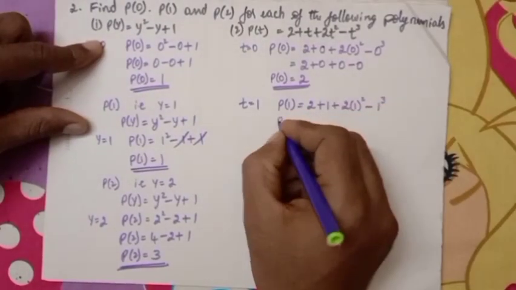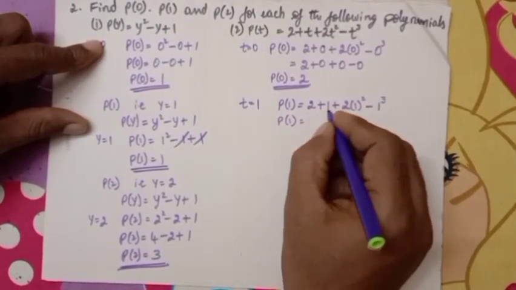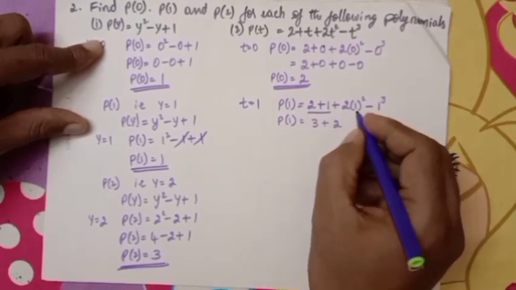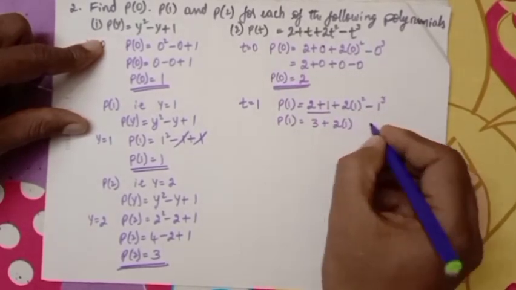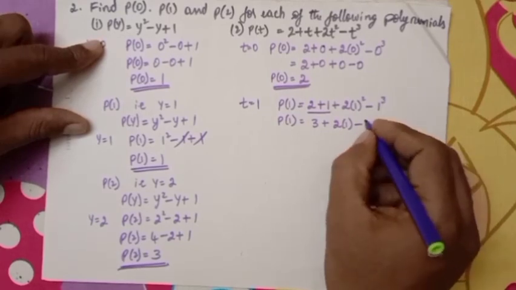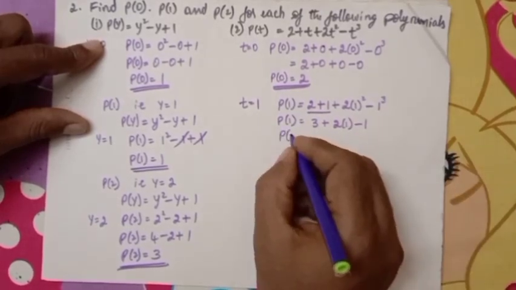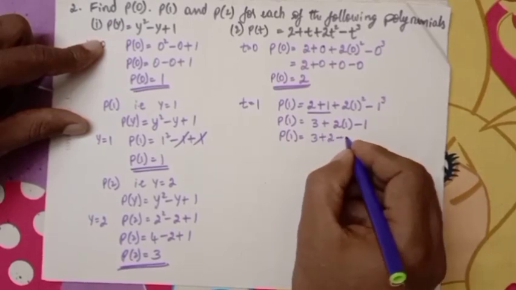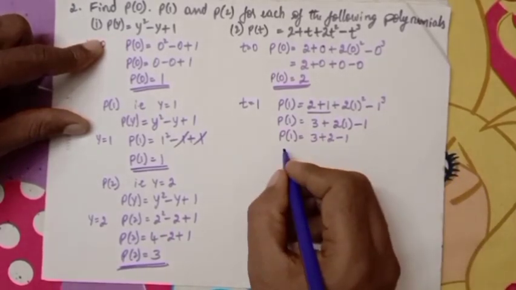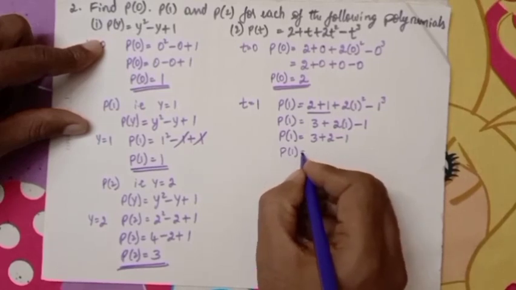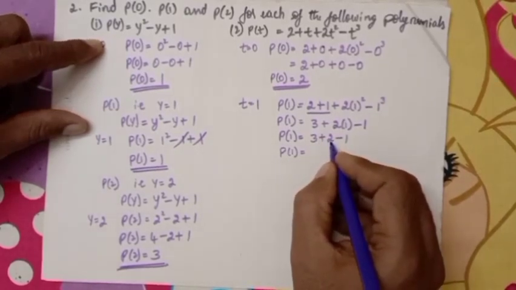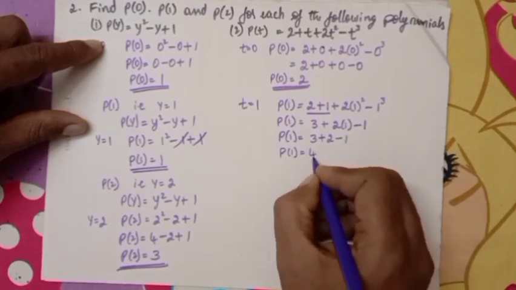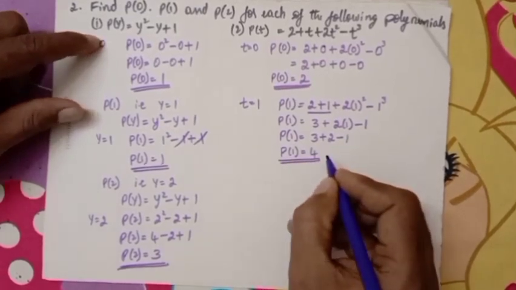So p of 1 is equal to 2 plus 1 is 3 plus 2 into 1 square is 1 minus 1 cube is 1. So p of 1 is 3 plus 2 minus 1. So p of 1 is equal to 3 plus 2 is 5. 5 minus 1 is 4. p of 1 is 4.